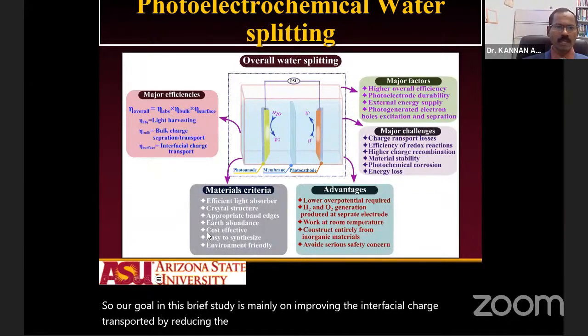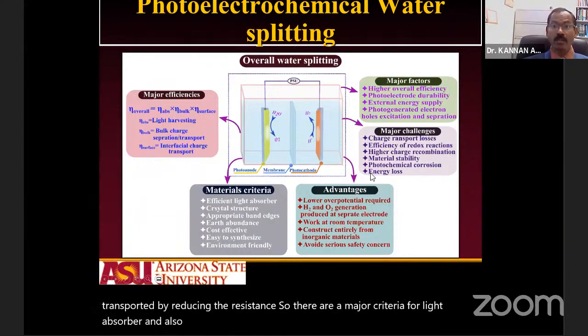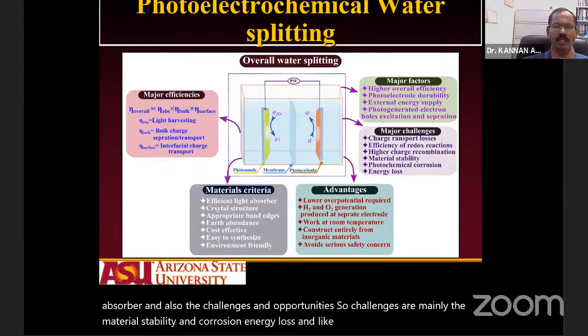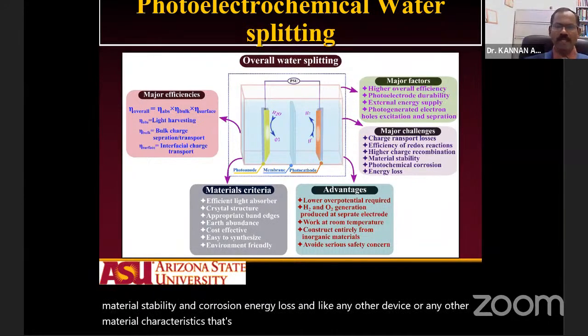So there are major criteria for a light absorber and also challenges and opportunities. The challenges are mainly material stability and corrosion, energy loss, and, like any other device or material, there's always degradation with time.